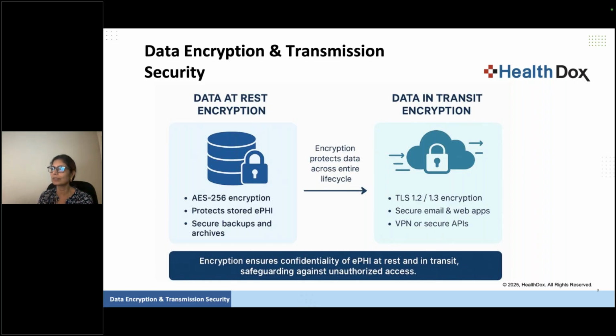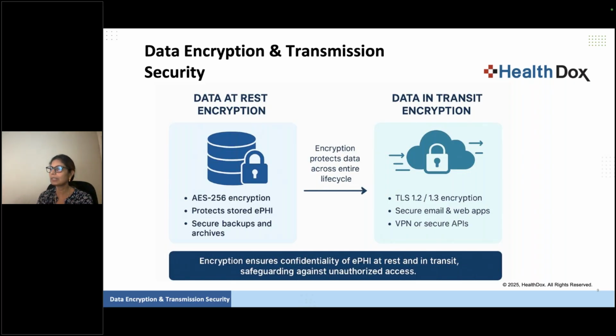It also involves secure protocols like TLS for web traffic. TLS is Transport Layer Security. You must be using VPNs for remote access and also secure messaging platforms for clinicians.